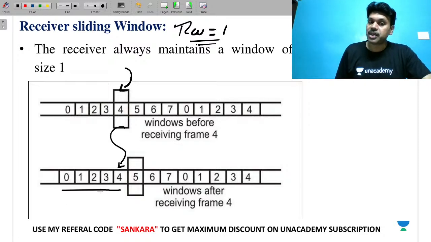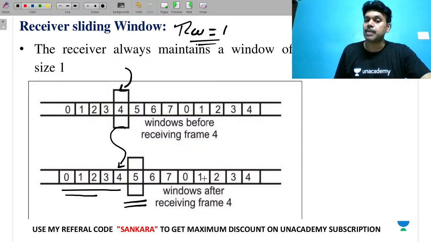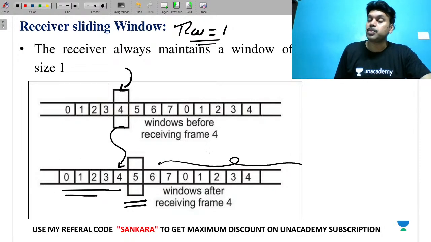That's why you need to maintain these numbers, but I am able to receive only one frame at a time. So this is the window before receiving frame 4. After receiving frame 4, this is how it looks, and the remaining ones still need to be acknowledged.